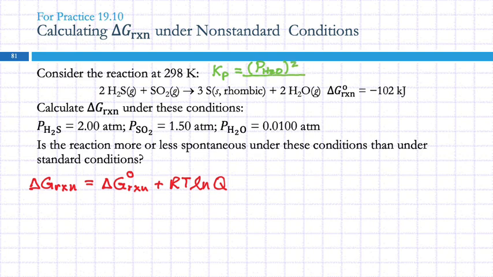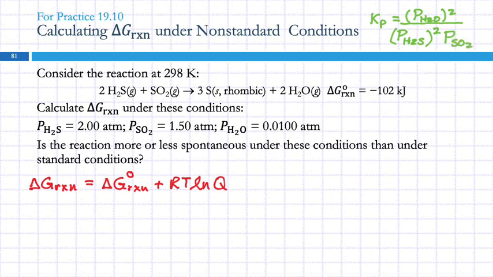And then this is divided by the reactants. I'll put it up there, a little more room. So we've got the partial pressure of H2S, and that has a coefficient of 2, so this one also gets squared. And then SO2 is just a coefficient of 1, so that's just the partial pressure of SO2.